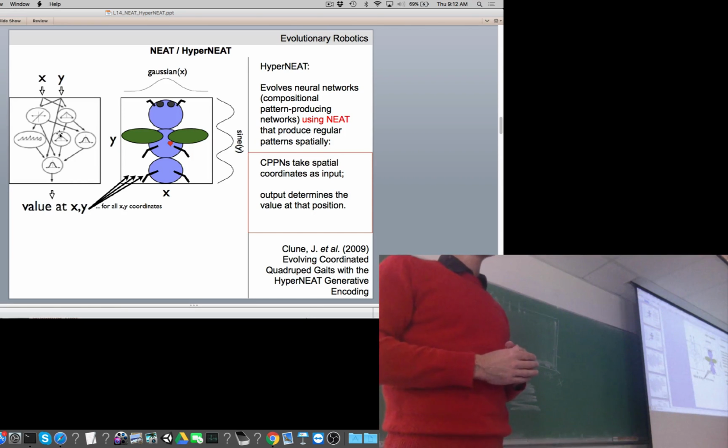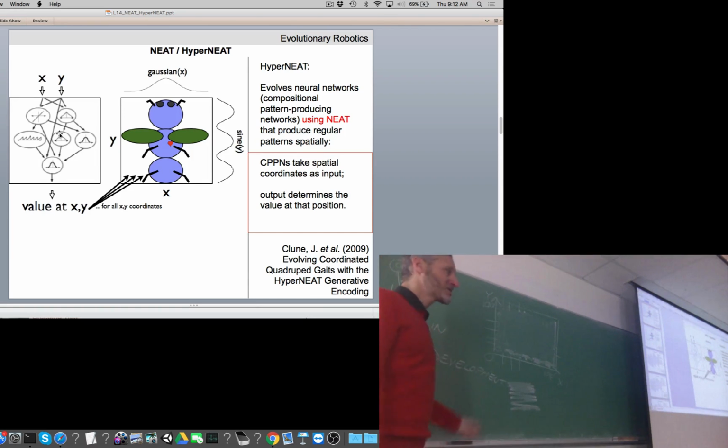Symmetry, right? So when we develop from a single cell, again, it's not just this random increase in cells. The cells, as they divide and grow, produce regular and sometimes repeating patterns like bilateral symmetry. Whatever is developing on this side of the body also develops on this side of the body.